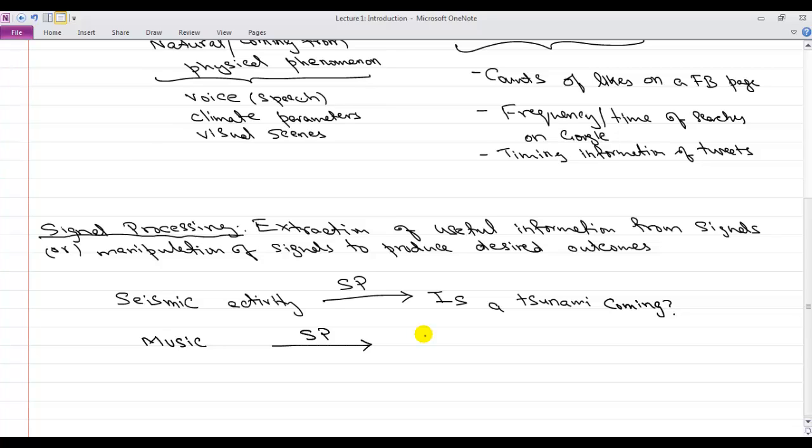You're not necessarily trying to extract any information out of songs. Some songs may have some information, I don't know. But you are trying to manipulate it to achieve desired outcomes. Okay? So you want to generate from the music something that has higher bass or treble.